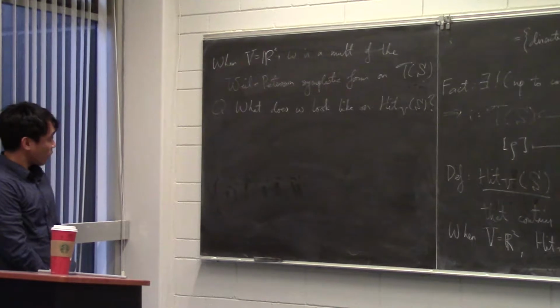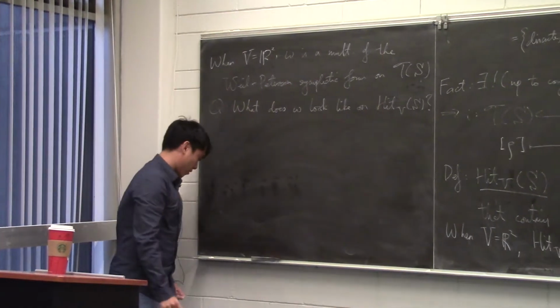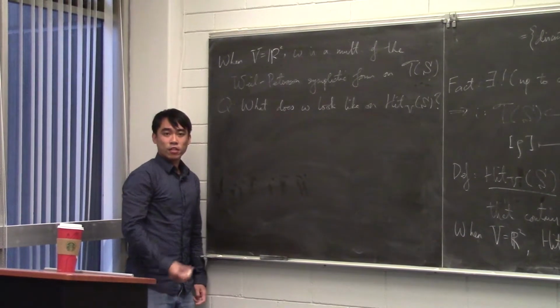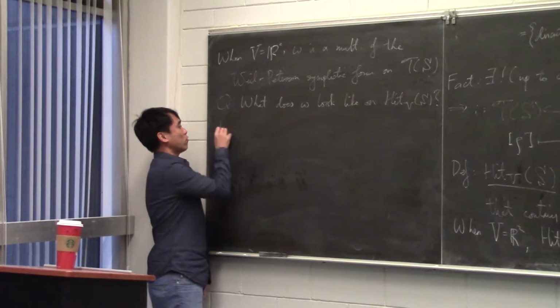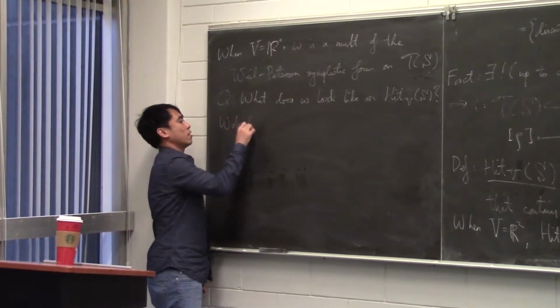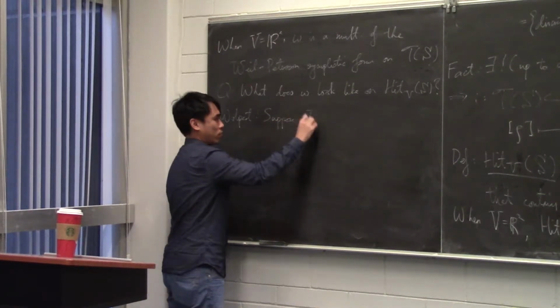This is a very vague question, but fortunately there's a model answer given to us by Wolpert in the setting of Teichmüller space. Scott Wolpert was working in Teichmüller space, so I'm going to suppose that V equals R2.